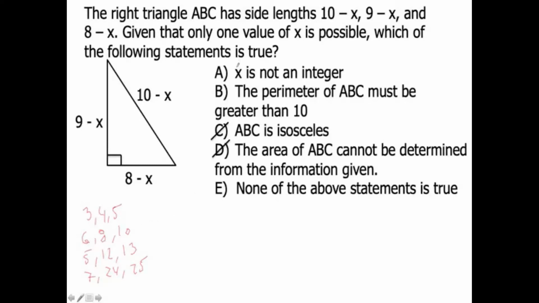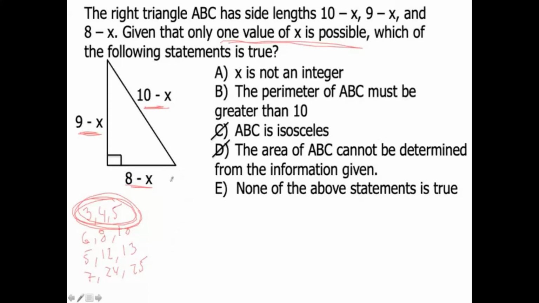All right, well, what do we know about this? We know that there's only one value of x, right? There's only one arrangement. And we also can notice that these 3 sides are 1 apart from each other. 10 minus x is 1 greater than 9 minus x, which is 1 greater than 8 minus x. So the only possible arrangement of sides would be 3, 4, 5. That's the only Pythagorean triple that works in this case.